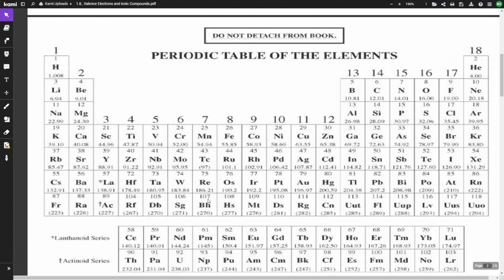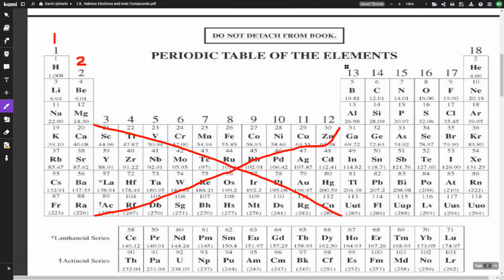So let's look at the periodic table. Since we know that it's only the s and p, we can determine the number of valence electrons by the group. This first one here would have one valence electron, and then two valence electrons. We're going to skip all of our transition metals, so disregard the numbering there.